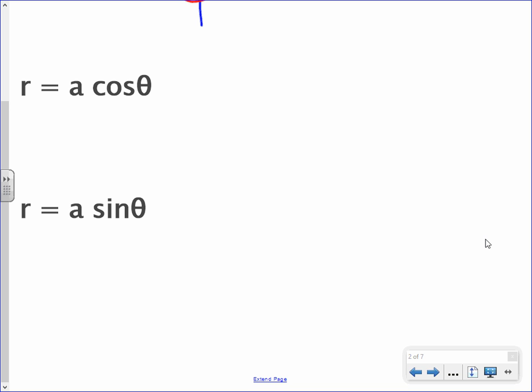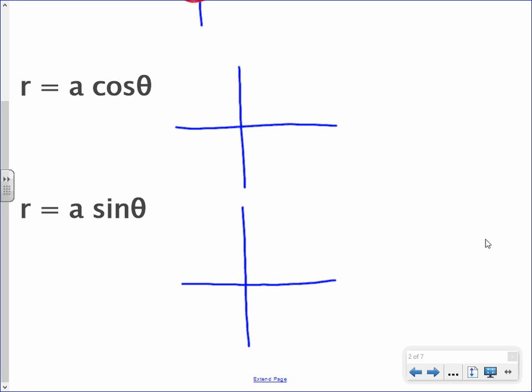So this would be like section 1 from your yellow sheet yesterday, where we had just a circle. Which one was up and down? Sine was up and down, cosine was left or right. So if we had a cosine theta, we had a circle to the right. If we had a sine theta, we had a circle above. That's not very difficult.